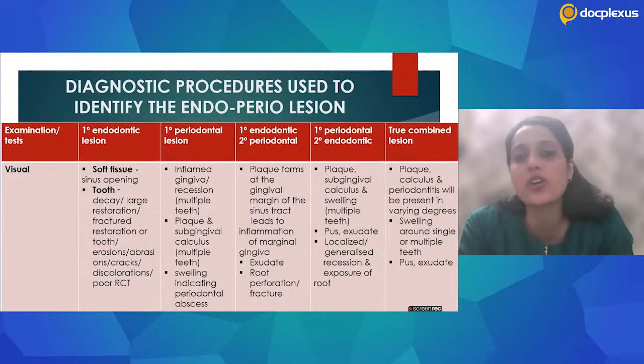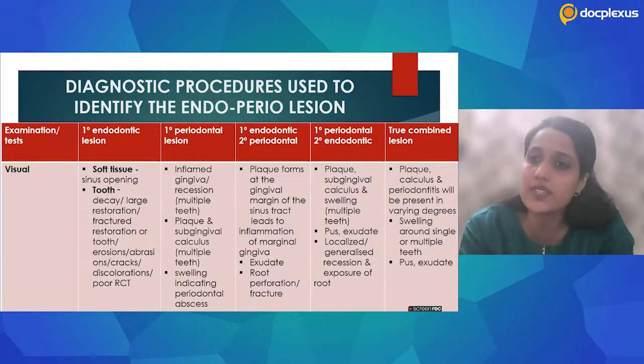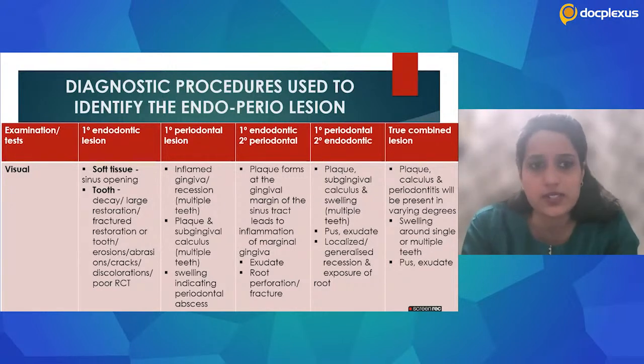In primary endodontic and secondary periodontal lesions, plaque will form at the gingival margin or the sinus tract will be present, leading to inflammation of the marginal gingiva. In primary perio and secondary endodontic lesions, there will be plaque and subgingival calculus, because it is primary perio, and multiple teeth will be involved. Pus, exudate and other things will be present. In true combined lesions, all of this will be present: plaque, calculus, and periodontitis in varying degrees.